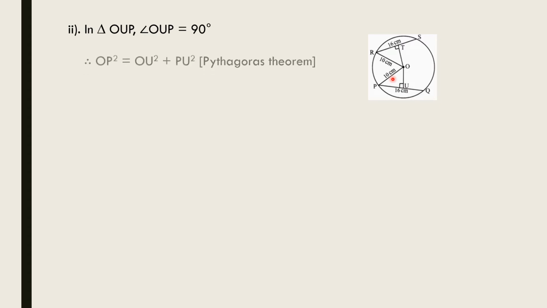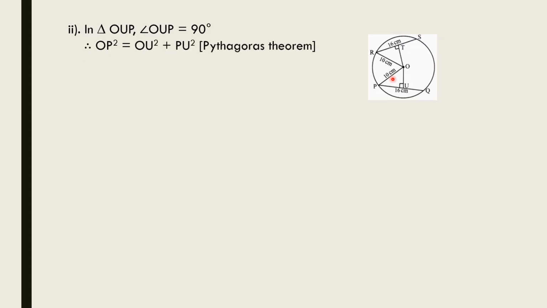Here in triangle OUP, angle OUP is equal to 90 degrees. Therefore, triangle OUP is a right angle triangle. Therefore, by Pythagoras theorem, OP square is equal to OU square plus PU square. Therefore, 10 square is equal to OU square plus 8 square, from equation 1.